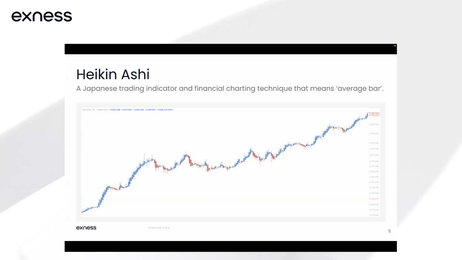But once you get comfortable with Heikin Ashi, you will start to notice how much more confident your decision making becomes, especially when markets get a lot of volatility. So keep this core idea in mind as we move forward. Heikin Ashi is not just about simplification, it's much more about clarity and controlling your psychology and controlling your trading.